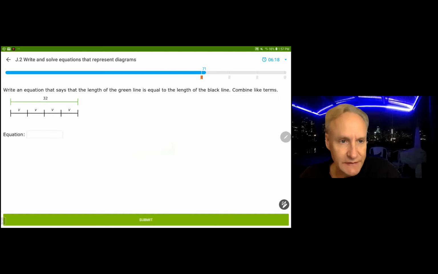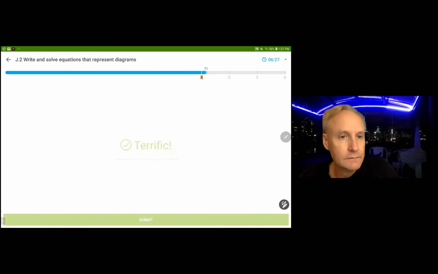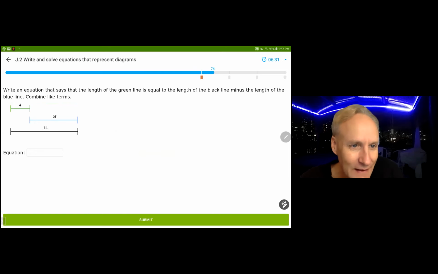And there's our proficiency. Let's see. Oh, 4v equals 32. Hopefully it's clear that that means that v is 8. Okay, so we've got 5t, and we're taking 5t away from 14 and getting 4.